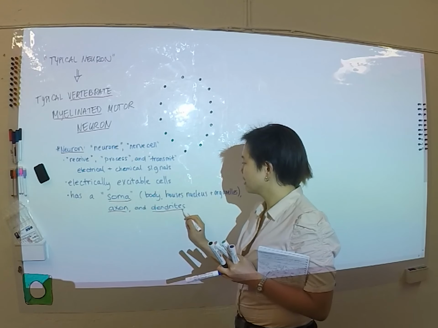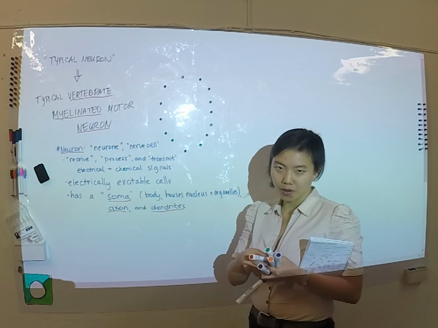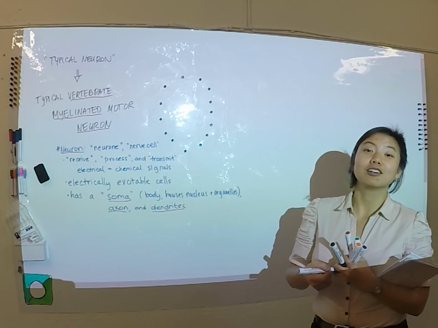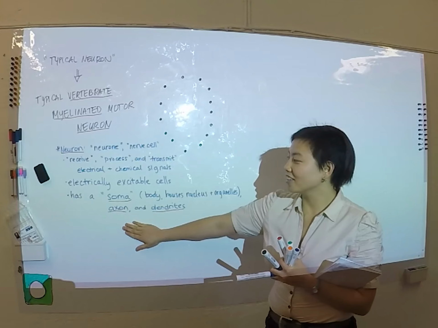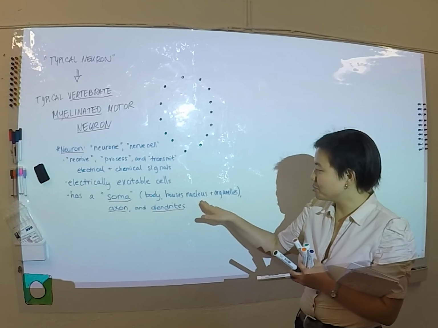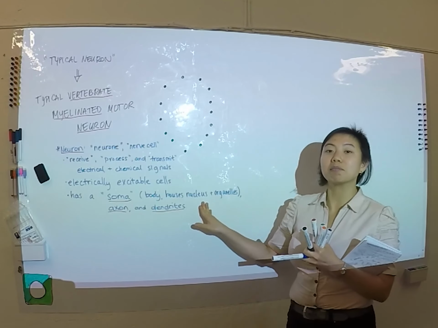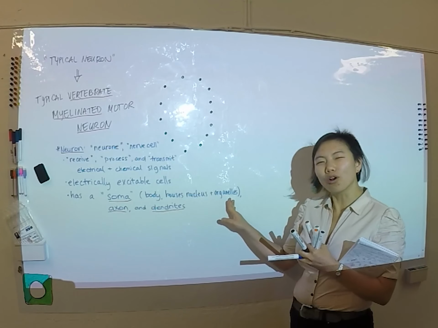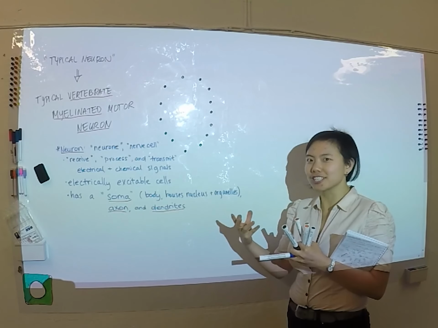Axon, dendrites. Okay, so let's first define what these are. So soma, we already know, that's the body. That's where the cell keeps the nucleus and the organelles. And if you remember, the nucleus is where the DNA is stored. Okay? And organelles are like organs for cells.